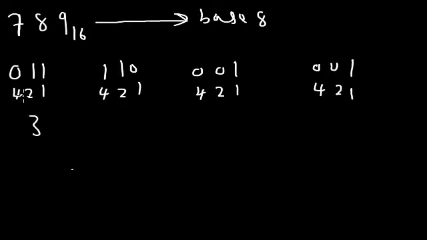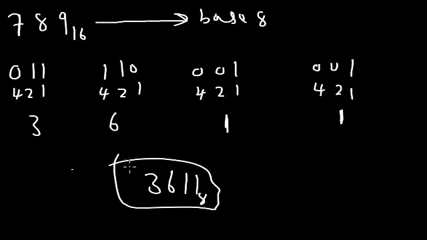Ignore the one having 0 above it. Now, what about this part? 4 and 2 are the ones having 1, 1 above them, so adding them up gives 6. This one is just 1, and this one is just 1. Combining them, I have 3611 in base 8. This is my final answer.